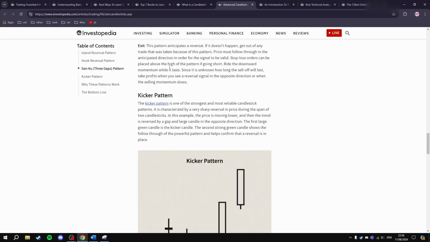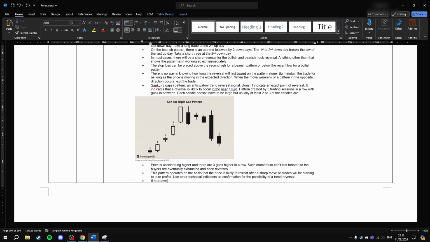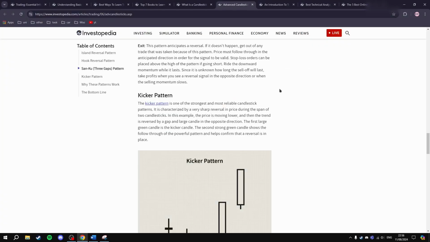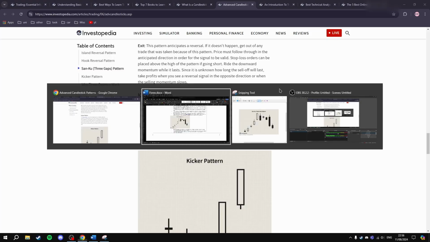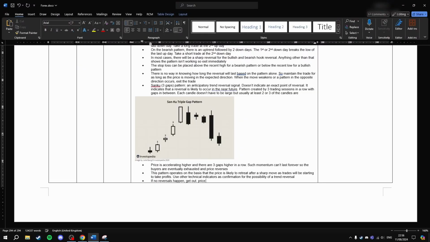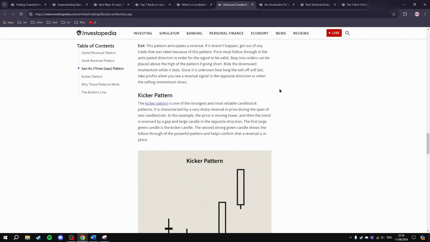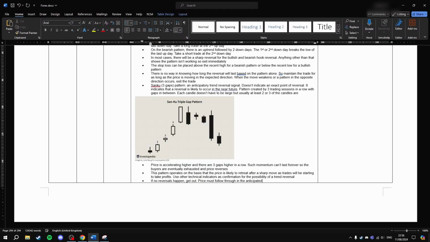Price must follow through in the anticipated direction in order for the signal to be valid. If no reversal happens, get out.